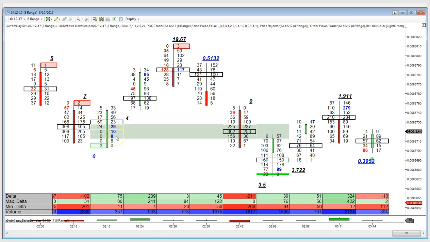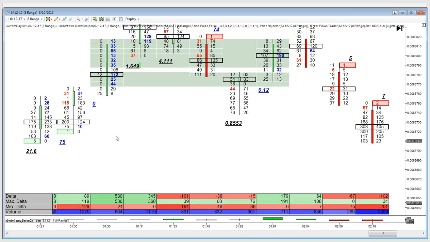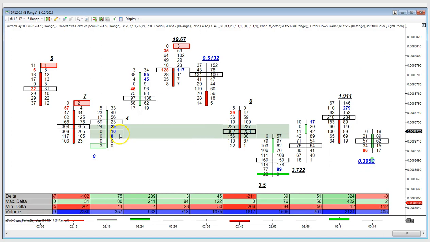Really, I set the volume imbalance threshold to 1, as opposed to 50 on this chart, because sometimes it could be 25, 37, 42. I'd probably like that imbalance, but again, 0 against 8, 0 against 10, to me, I'd probably discount this as being a strong buying imbalance.